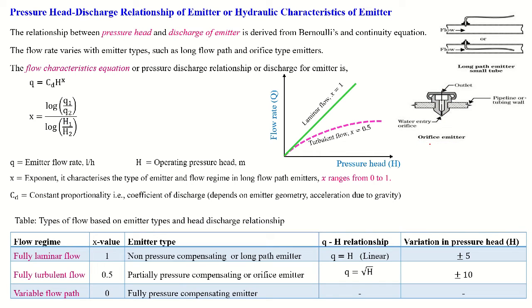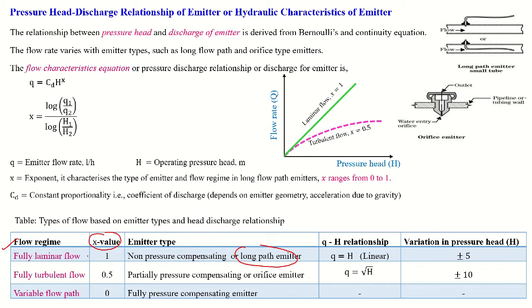The orifice and long path emitters are mainly decided based on your exponent factor, whose range varies from 0 to 1. Based on the value of the exponent x, we can decide the type of flow regime in emitters, and also which type of emitter it is. Suppose the value of x is 1.